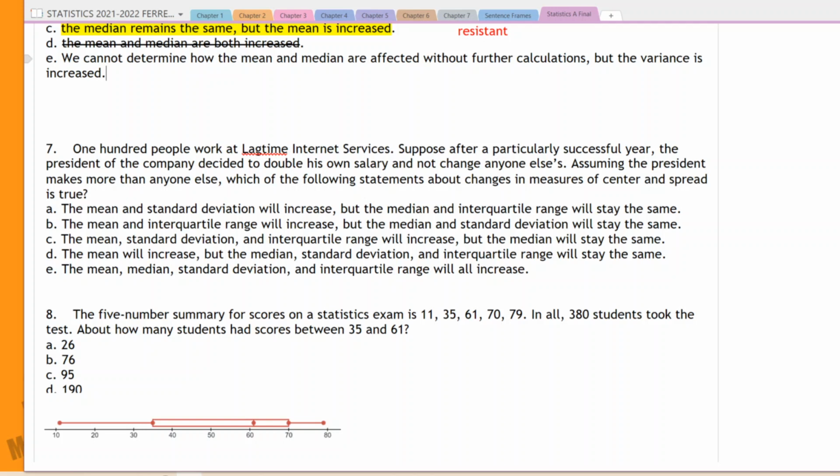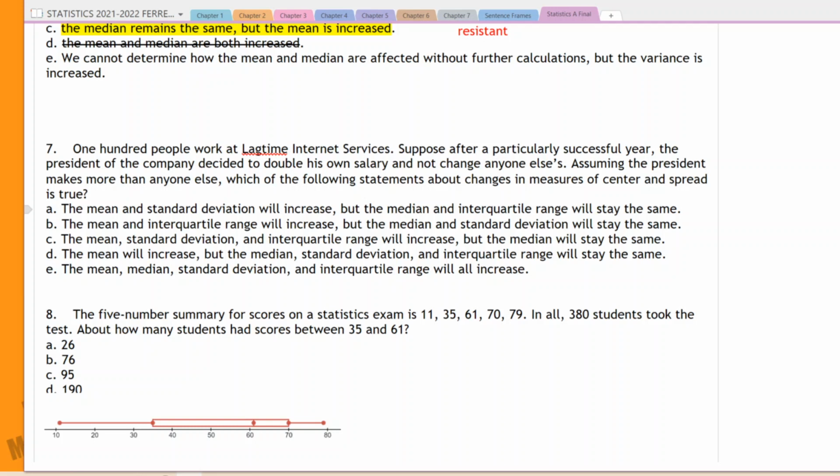The IQR is also going to stay the same for pretty much the same reasons that the median is going to stay the same. So if you increase the maximum, the Q3 is not going to change because the salaries in this case are still going to line up exactly the same way if we put them in order numerically.